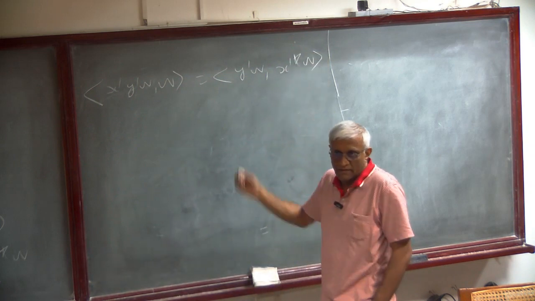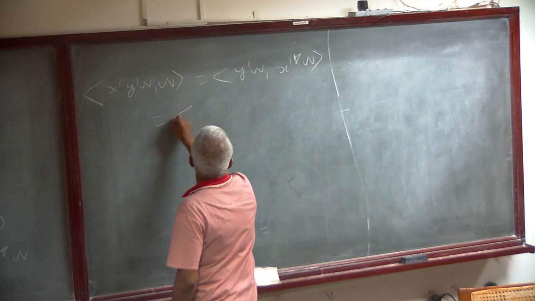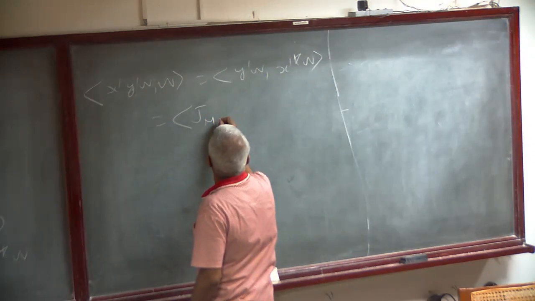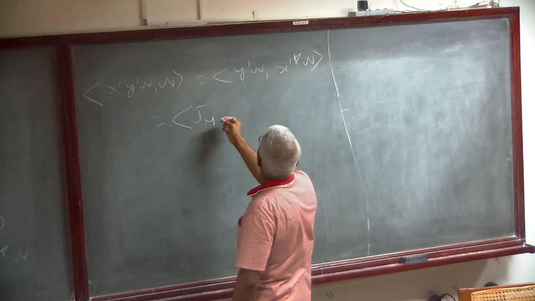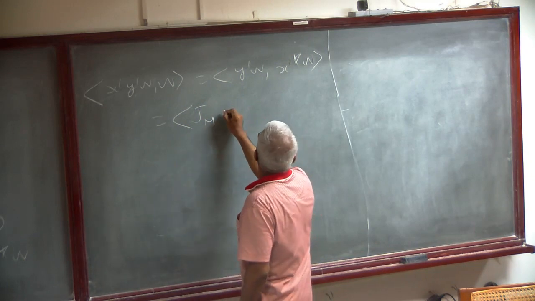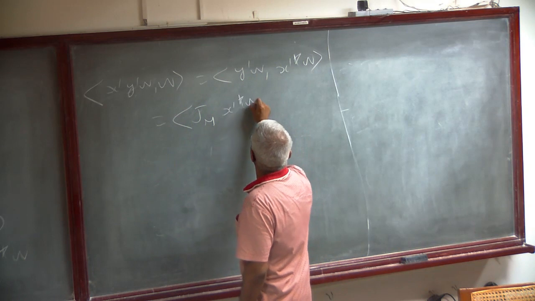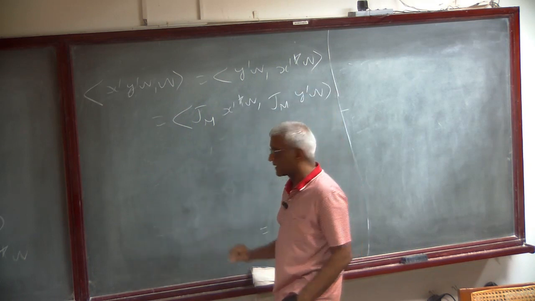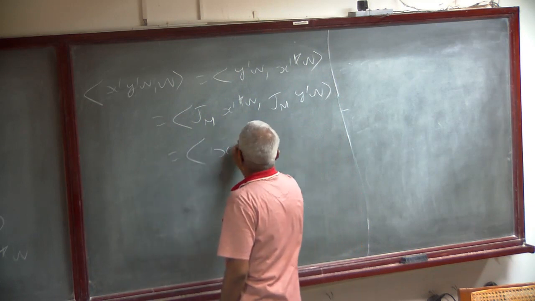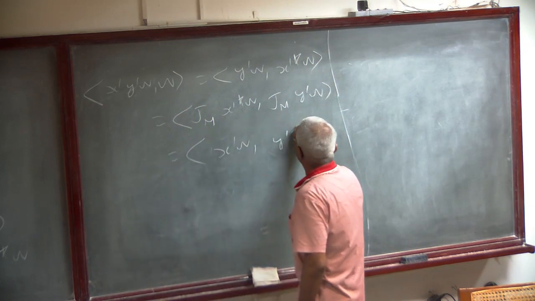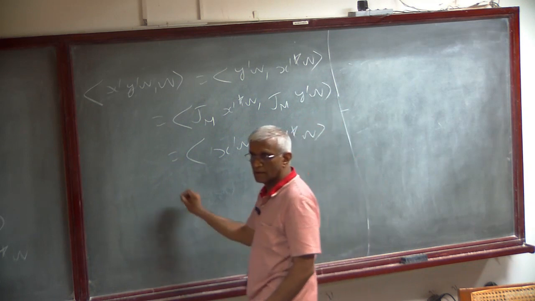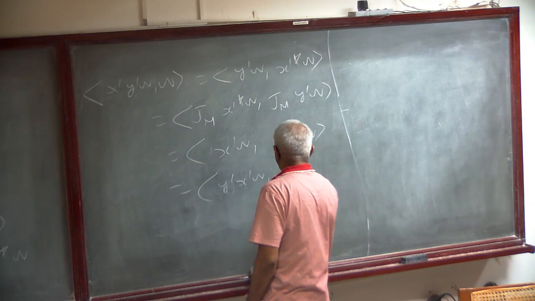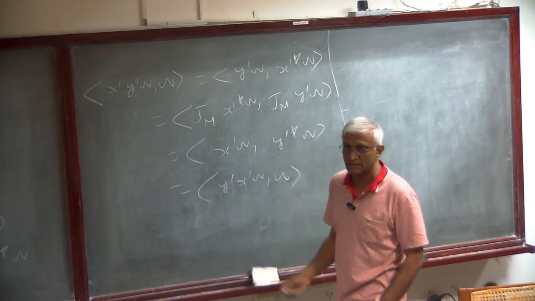I flip it and apply this J_M prime, J_M or whatever, it doesn't matter, both are the same. J_M of x prime star omega, J_M of y prime omega. I flip the product. Now this is equal to x prime omega, y prime star omega. Now I bring it here, y prime x prime omega, omega. So this is what the trace statement says.